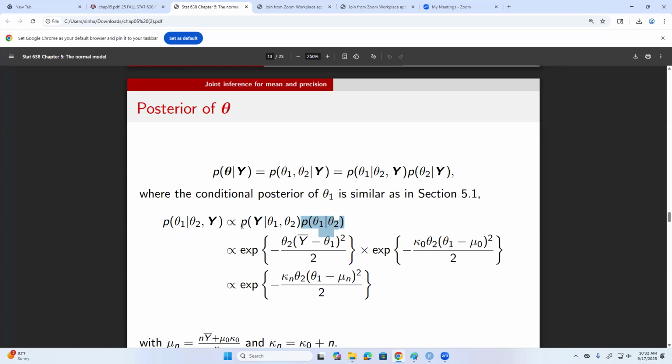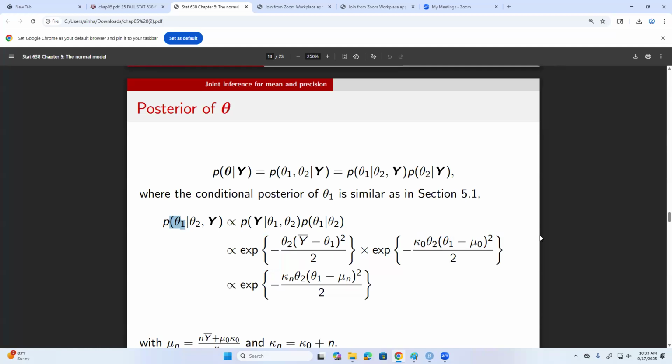And the likelihood function has the following form, right? And the prior distribution has the following form, the conditional prior. What I need is the conditional distribution of theta 1, right? In the last lecture, we learned how to do the square completion. I can see clearly that the two terms in the exponents are quadratic terms in theta 1.